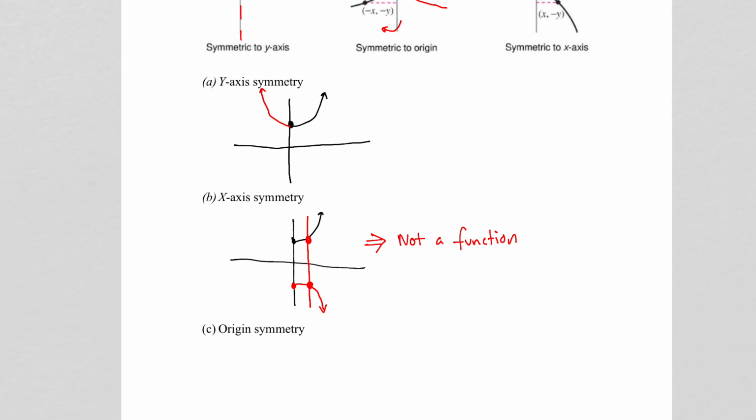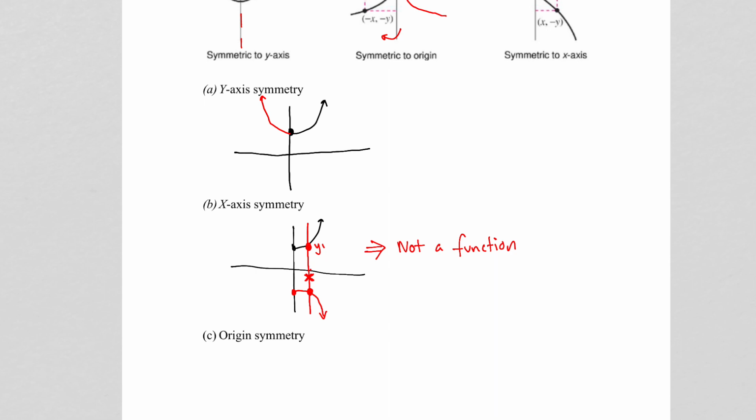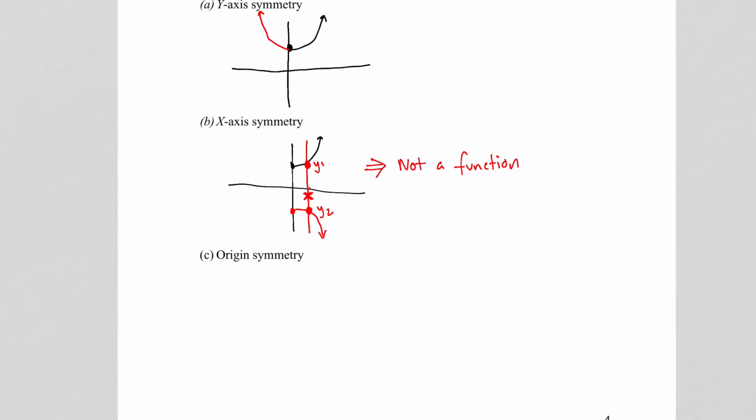Here you can see that it passes through the graph twice. So if we have an x coordinate here, an x input, it produces two different y outputs. So any relationship, any graph that has x-axis symmetry is not considered a function.